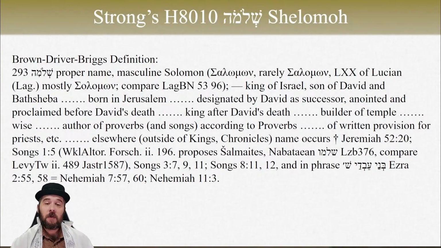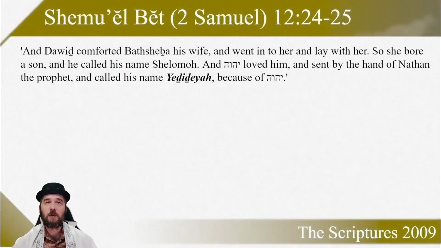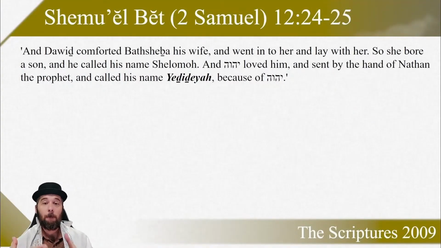Now, King Shlomo was also referred to by another name in Scripture. We get that from 2 Samuel 12:24 through 25. And this is the actual birth of Shlomo. It reads, "And David comforted Bathsheba, his wife, and went in to her and lay with her.